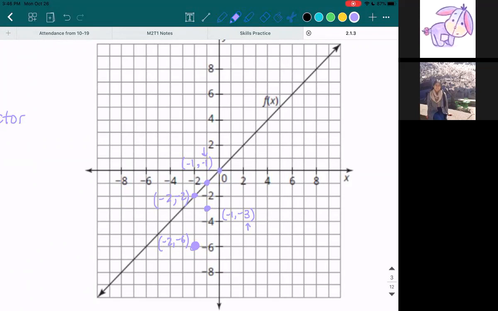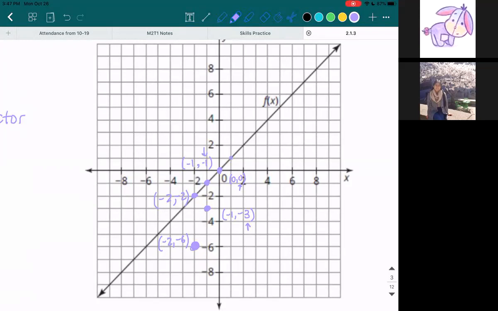Next point is at 0, 0. So for 0, 0, you're going to take your old y value and multiply it by 3. Our old y value is 0. So 0 times 3 is still 0. So we have a point staying here. 0, 0 becomes 0, 0. Because 0 times anything is still 0.